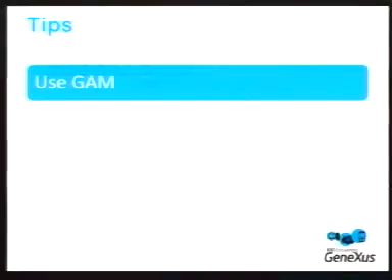There, my recommendation is quite simple. Use the GAM, which is the GeneXus Access Manager. It's easy to use. You just have to tick it. And from then on, it does everything we need to do in order to be protected so that no one can attack us. And it also covers authentication and authorizations.